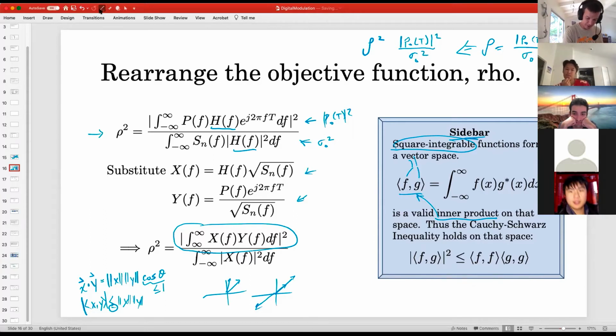Let's forget about the absolute value bars for now, and let's focus on the integral. So this integral is an integral over all frequencies, and it's an integral of one function times another function. So I think this is the inner product of capital X of f, not quite with y. This is the minorest of nuances here.